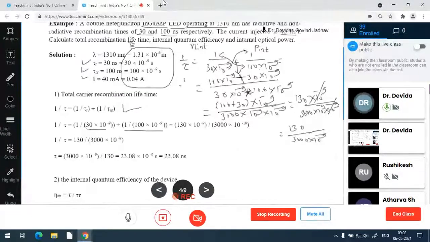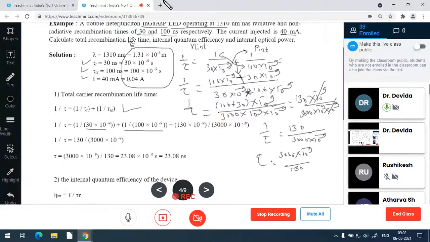So this is 1 upon tau. What will tau be then? Denominator goes into numerator, 3000 into 10 raised to minus 9, and numerator goes into denominator, 130. So tau is 3000 into 10 raised to minus 9 upon 130.